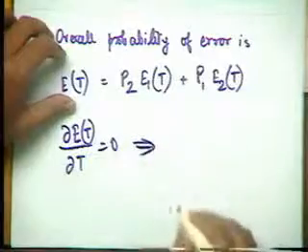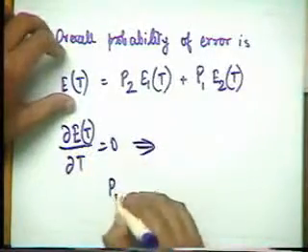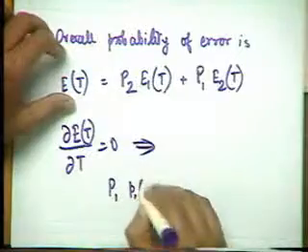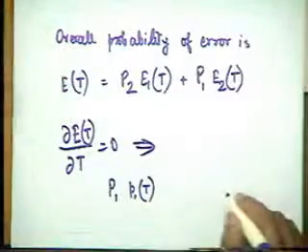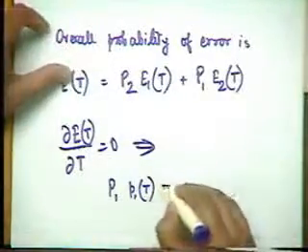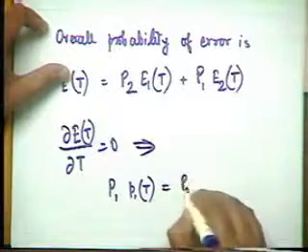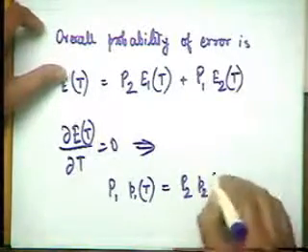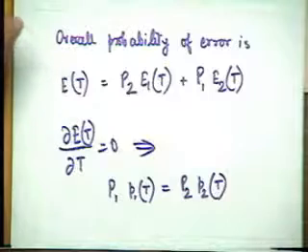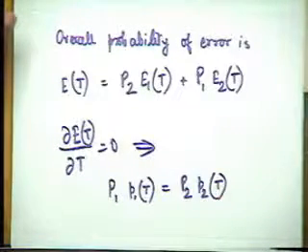what you get after algebraic manipulation is that this condition leads to P1t being equal to P2t. Okay, this is what it leads to.